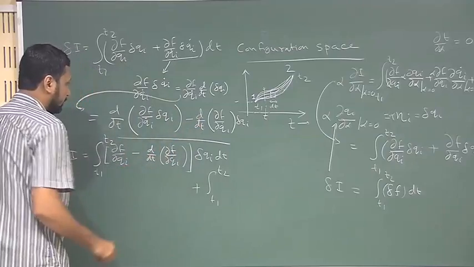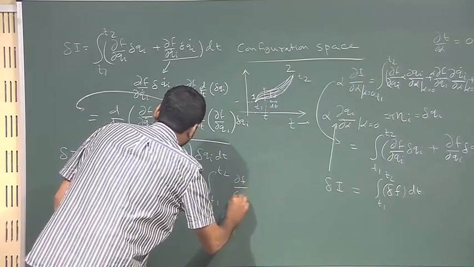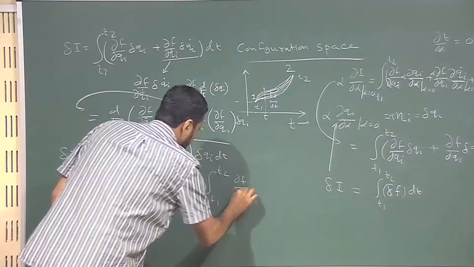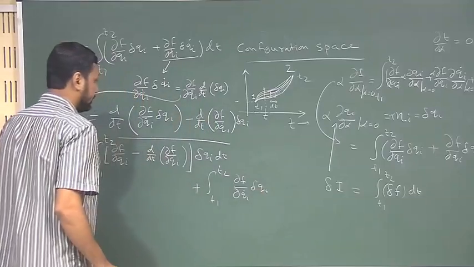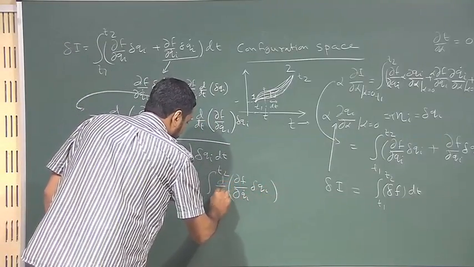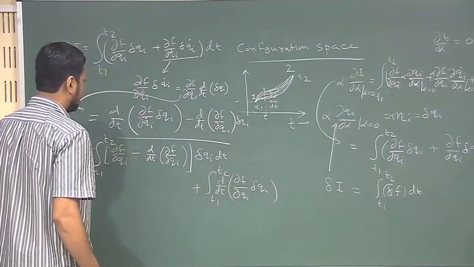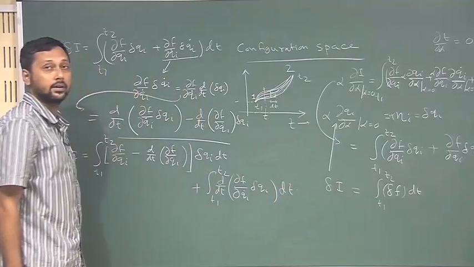So, this term will be there, which is d dt of del f del q y dot delta q y, multiplied by dt.